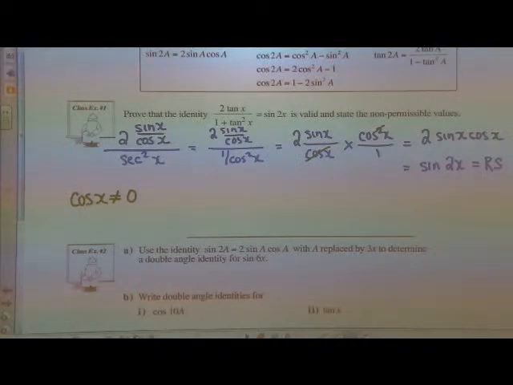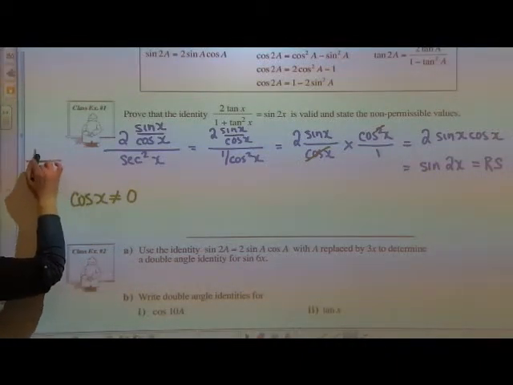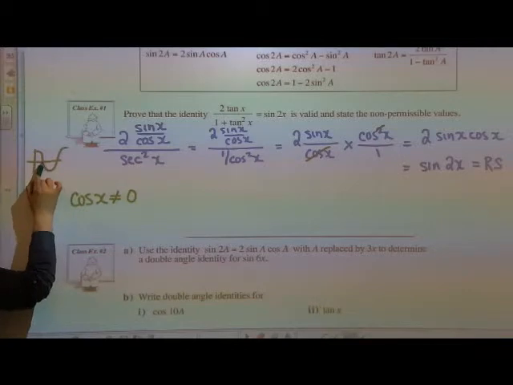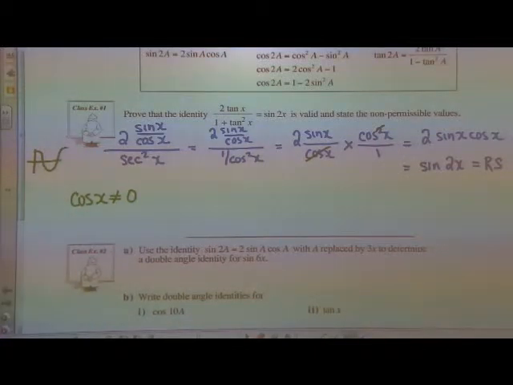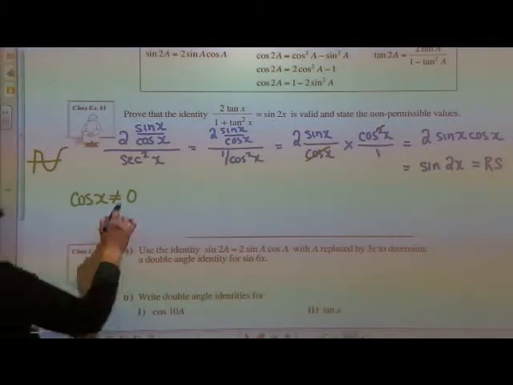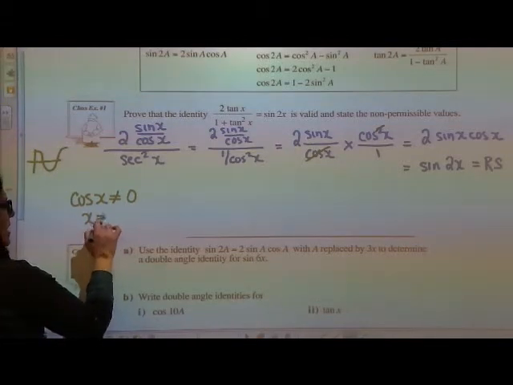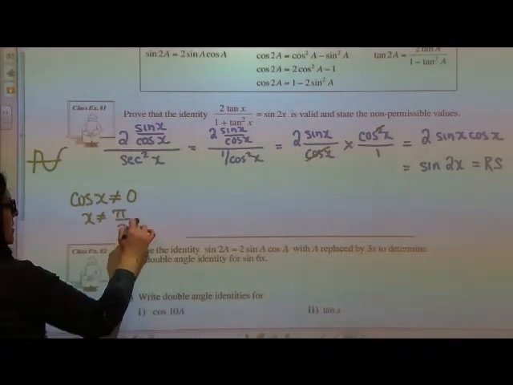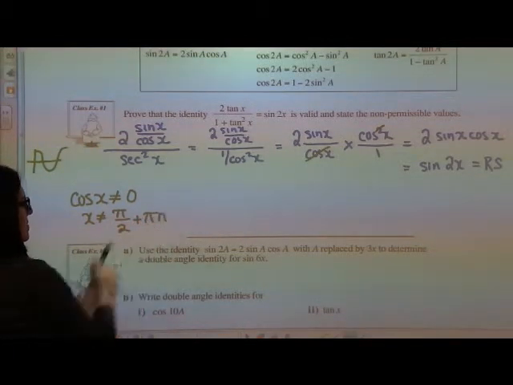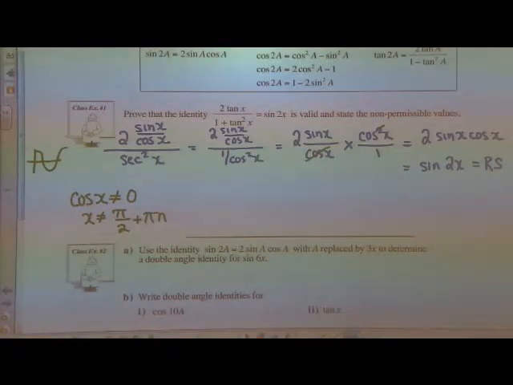And if I think back to my diagram or my picture of cos x, it's 0 at pi over 2 and then multiples of that. So x cannot be equal to pi over 2 plus multiples of pi, so every pi radians after that.